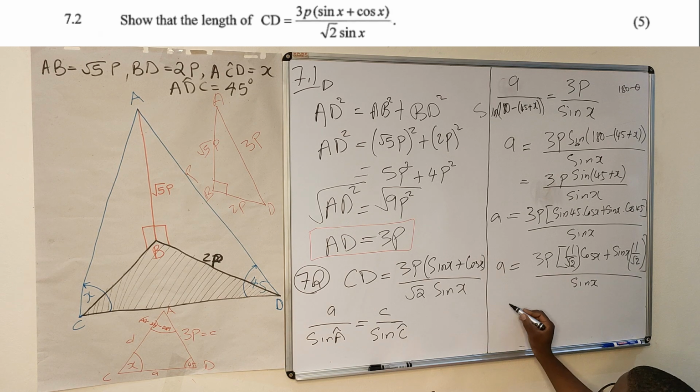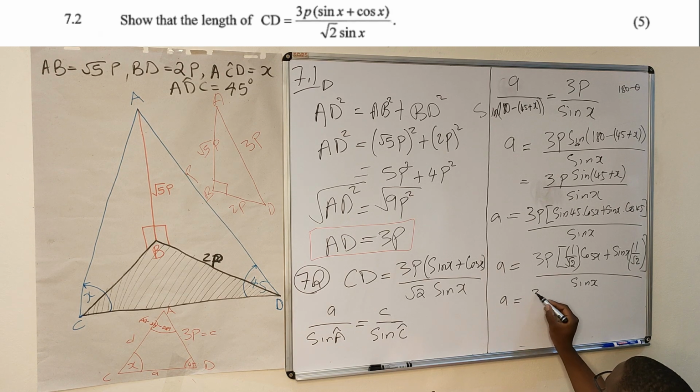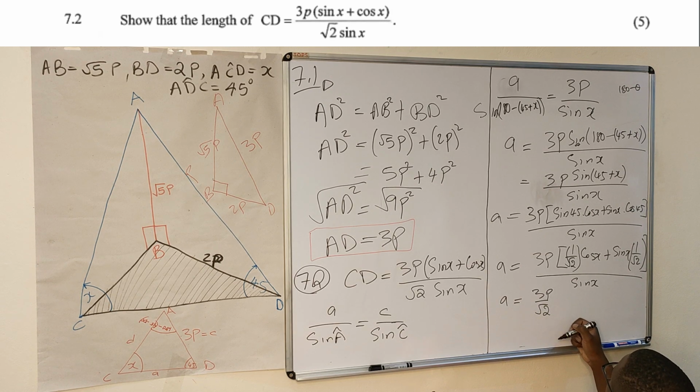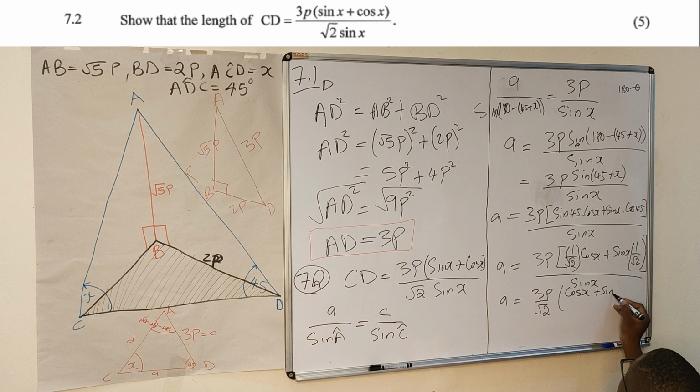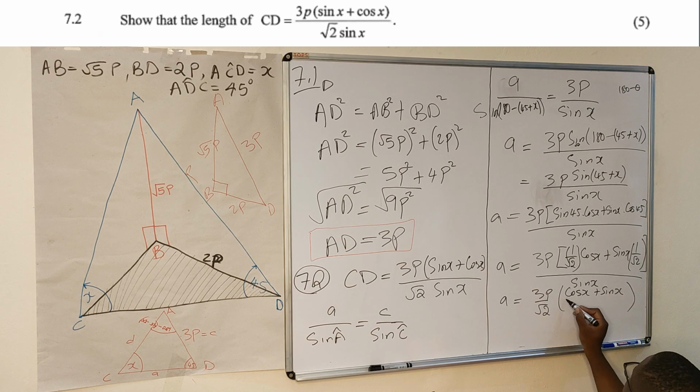Take out the common factor, so you have A is equal to 3p over root 2 times cos x plus sin x all over sin x.